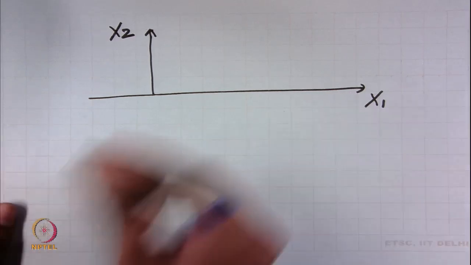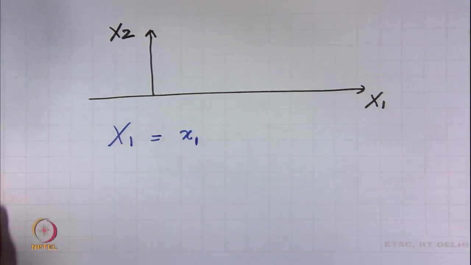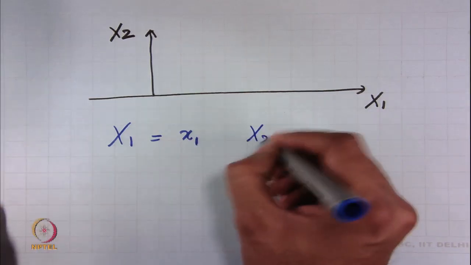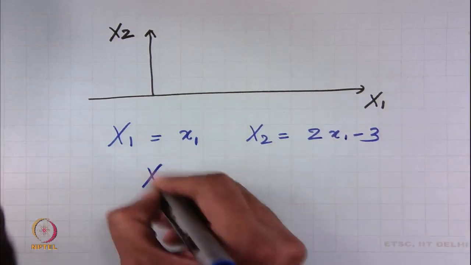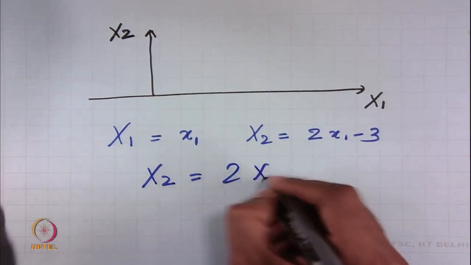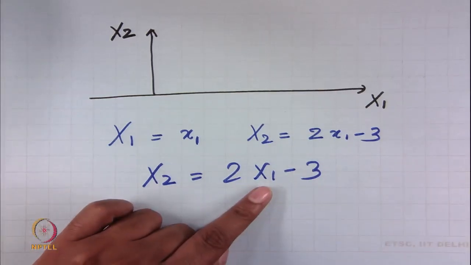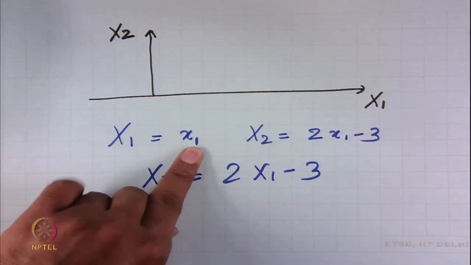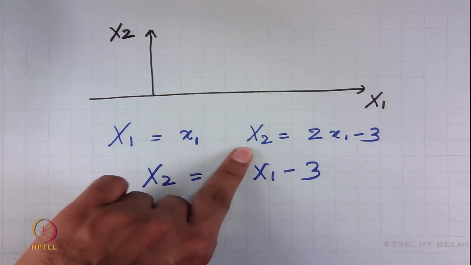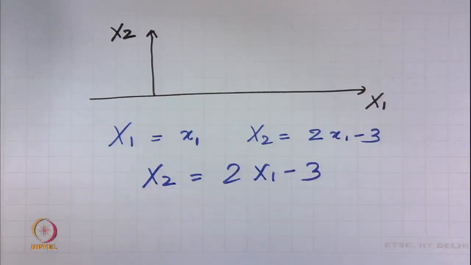For example, if x1 takes a numerical value small x1, we know for sure that x2 will take the numerical value 2x1 minus 3, because x2 is a linear function of x1, a deterministic function of x1.